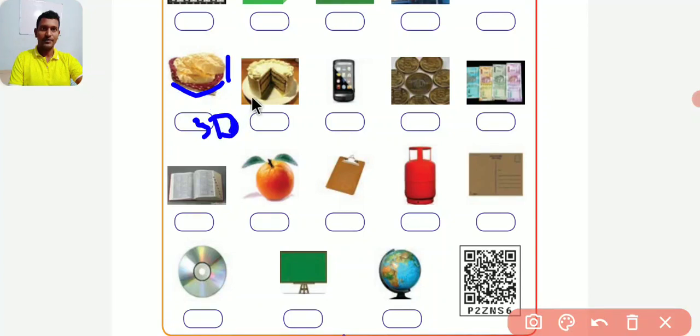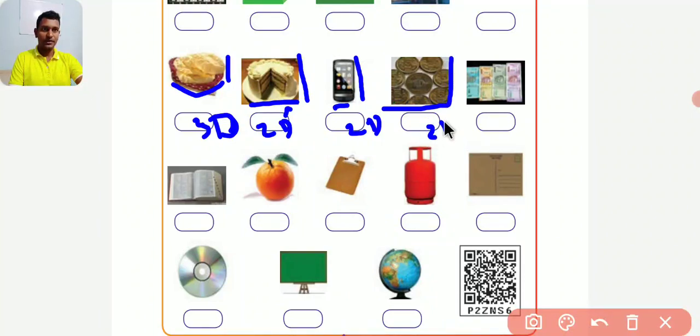This photo has 2 dimensions: breadth, length, L, B. Therefore this is 2D. This phone has 2 dimensions, length and breadth. Therefore it is 2D. This photo also has 2 dimensions, length and breadth, 2D. This also has 2 dimensions, 2D.